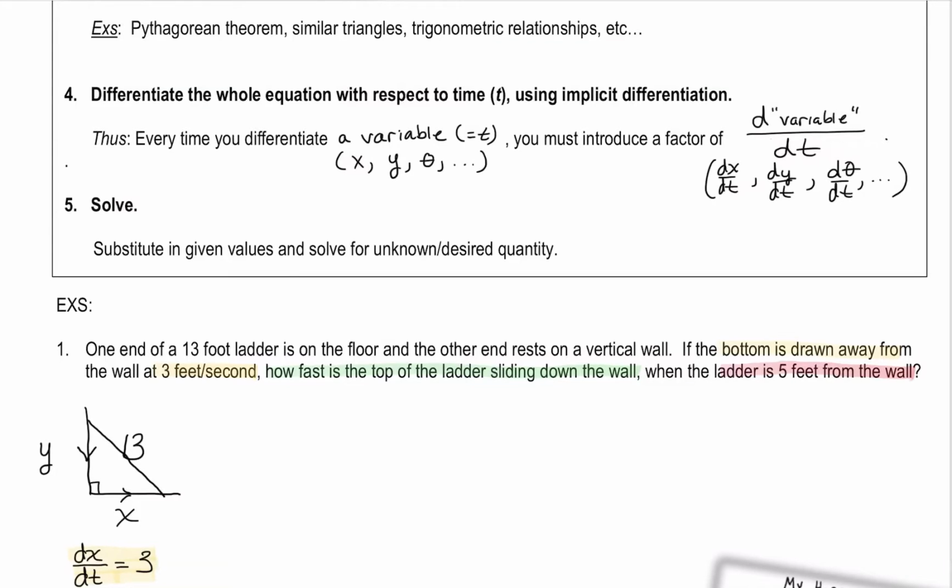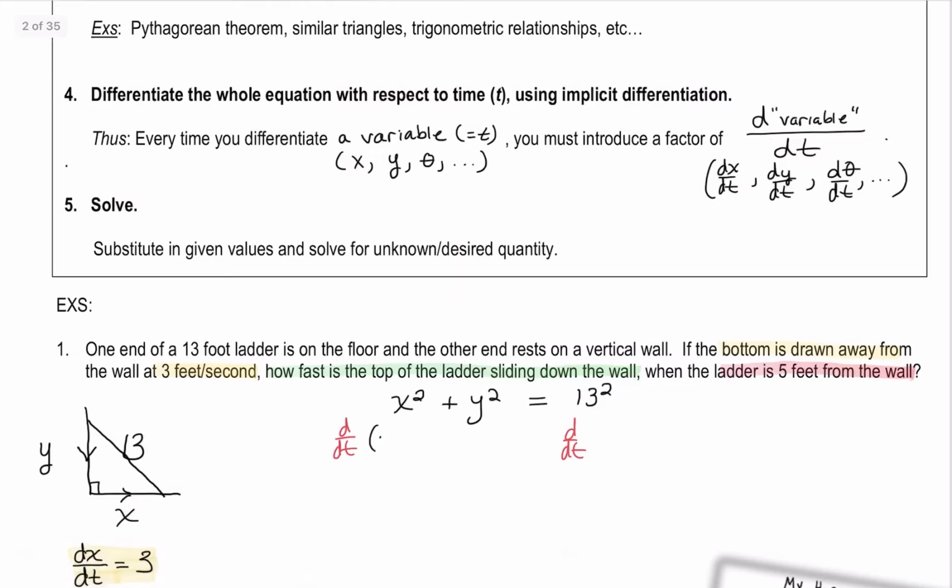And certainly this is just the 3 sides of a right triangle. So obviously the most common relationship for the 3 sides of a right triangle is simply going to be the Pythagorean theorem. Once we set that up, our next step is to differentiate both sides with respect to time.